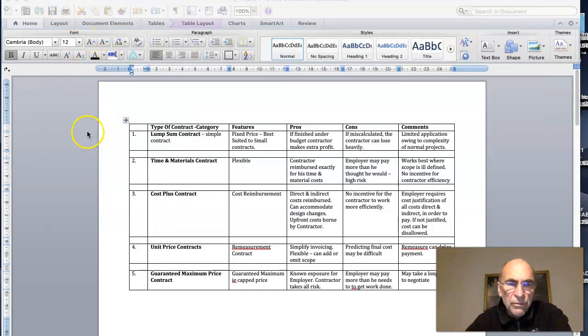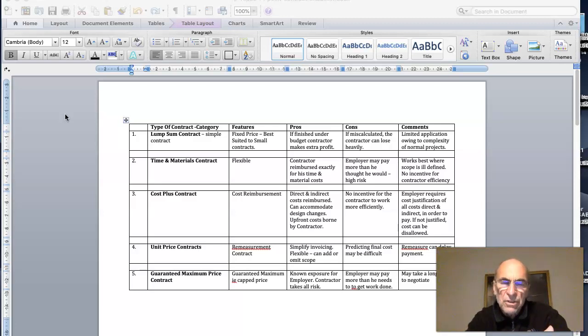So just going through, item 1 on the list is a lump sum contract, which is a very simple contract, and its features are that it's a fixed price. So it's best suited for small contracts, and it assumes that both parties understand the quantum of work, and that the contractor prices the quantum of work and the employer is happy with it, that there's no variation to that amount.